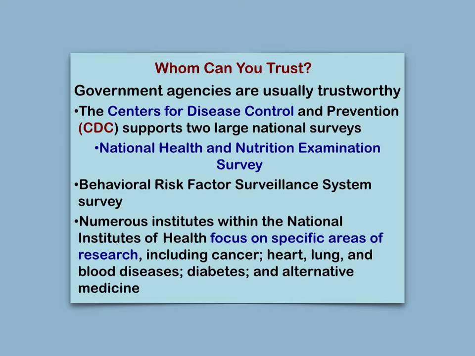NIH actually provides grants to scientists to engage in those studies, and they have a large number of scientists that evaluate those studies, and the studies must be reproducible. That means a separate independent institution ought to be able to reproduce the very same data.